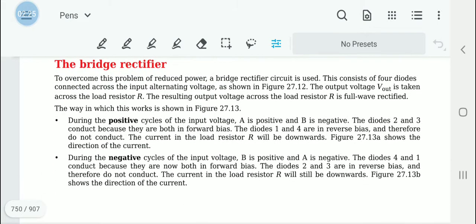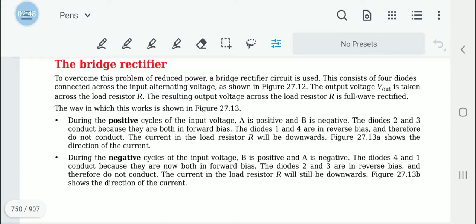Then there is another process called the bridge rectifier. To retain the power, we use a bridge rectifier circuit. There are four diodes connected across this input alternating voltage.